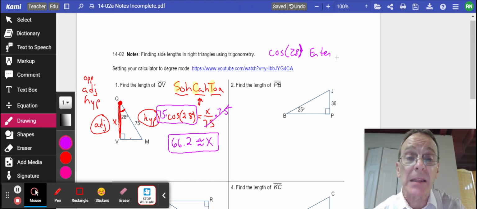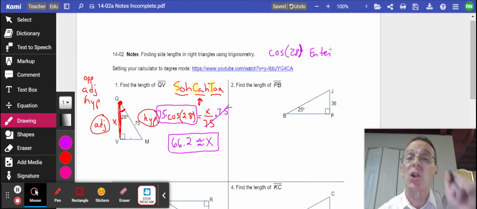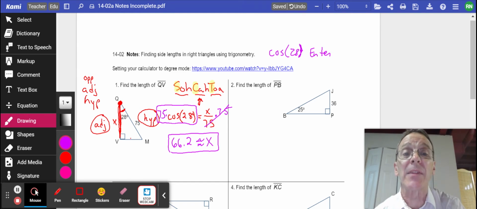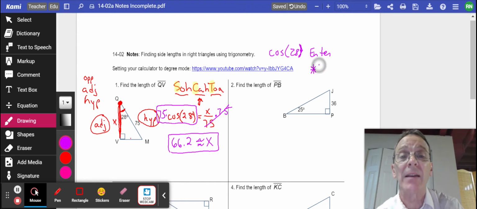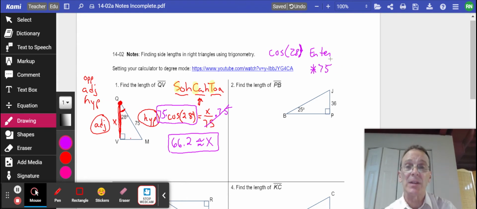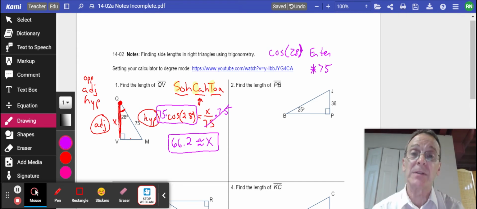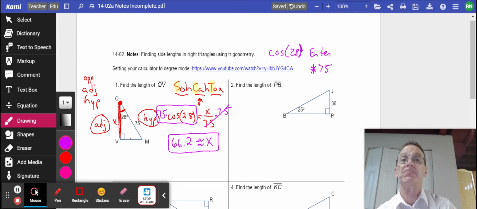And then immediately, don't clear the window, immediately then press your times button to tell the calculator you want to multiply that answer by 75. And you should get the same result, 66.2. Okay, that is the length of side QV. And we found it using trigonometry. Okay, not by the Pythagorean theorem, that was not available to us.